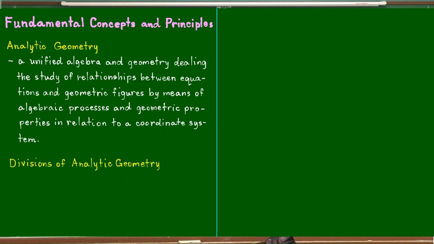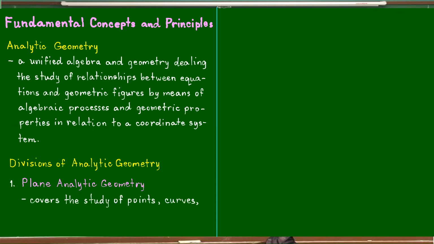There are two divisions of analytic geometry: plane analytic geometry and solid analytic geometry. So what is the difference between the two? Plane analytic geometry covers the study of points, curves, and planes in a two-dimensional coordinate system.